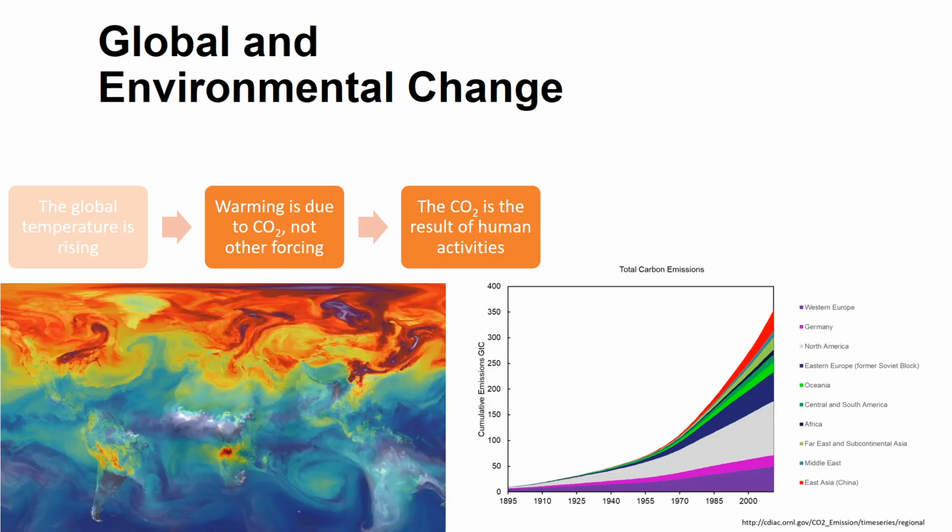We can also, I showed the movie of this little thingy here. We can actually observe the CO2, and this isn't a picture of observations. This is a combination of observations and a climate model. But we can observe the sources of CO2.